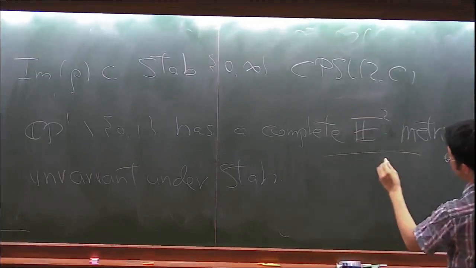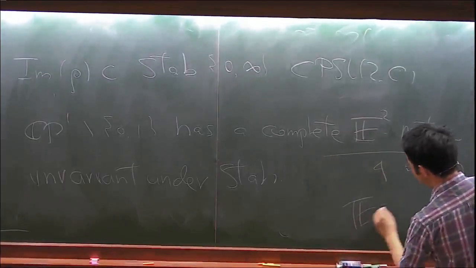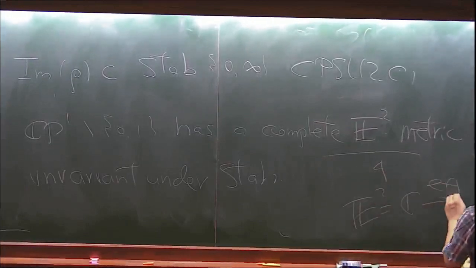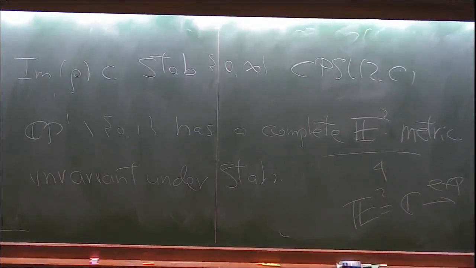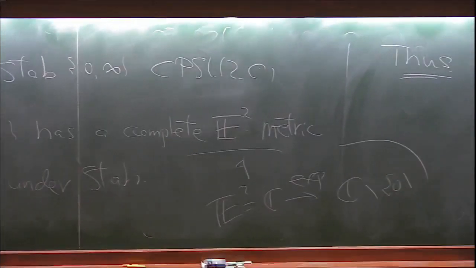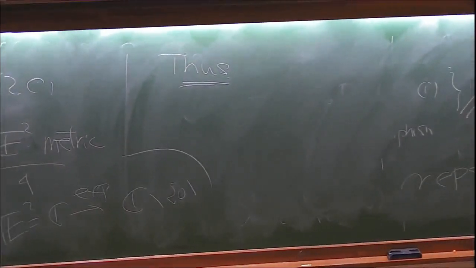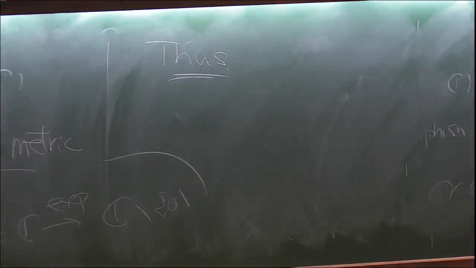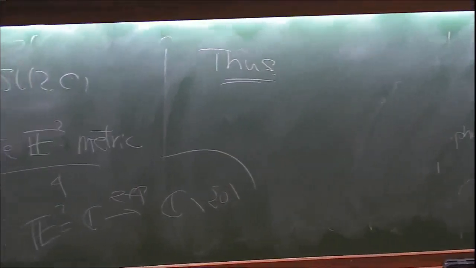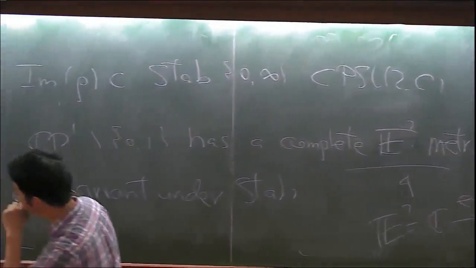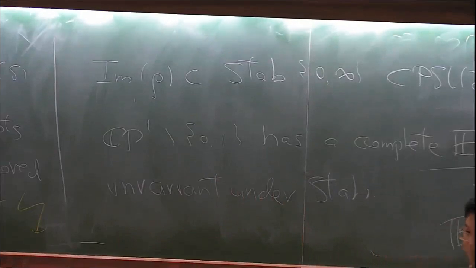This metric is just pushing forward the Euclidean metric of the complex plane by the exponential map. Thus this surface minus finitely many points gives a complete Euclidean structure, and this is a contradiction to the Euler characteristic.